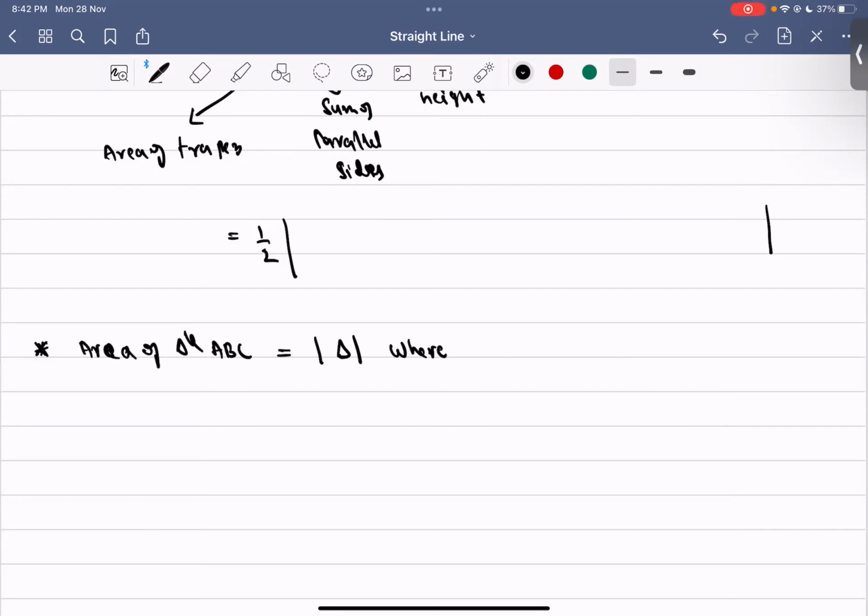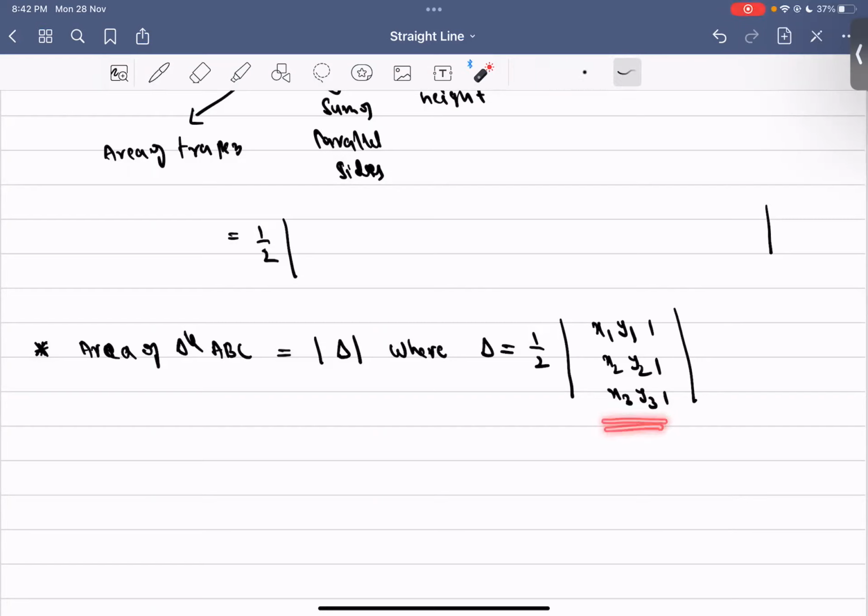But area is never negative. That's why area is equal to mod of determinant, where delta, that is the determinant, is equal to 1 by 2 into x1 y1 1, x2 y2 1, x3 y3 1. So you calculate this determinant, that is the area.